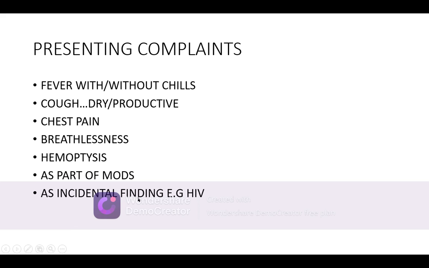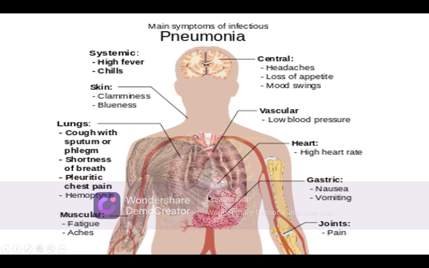It may be an incidental finding. For example, in HIV, Pneumocystis carinii can cause it, but without symptoms. The patient hardly gives any symptoms; a very short spasm of cough or low-grade fever is possible. Again, in HIV, remember atypical mycobacteria can cause pneumonias, and the picture will be very near to tuberculosis.